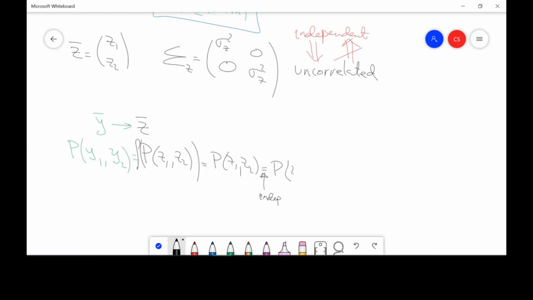This would be the probability distribution of set 1, and let us call this D. So this stands for sum. Set 1 was the sum, and D was the difference. So this step is true if it is independent. What if we know they are uncorrelated and they may not be independent? Okay, so let's say this is approximately equal in the case of uncorrelation.